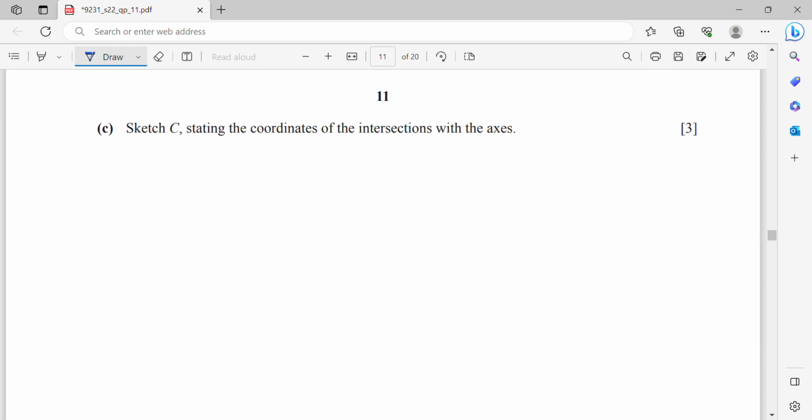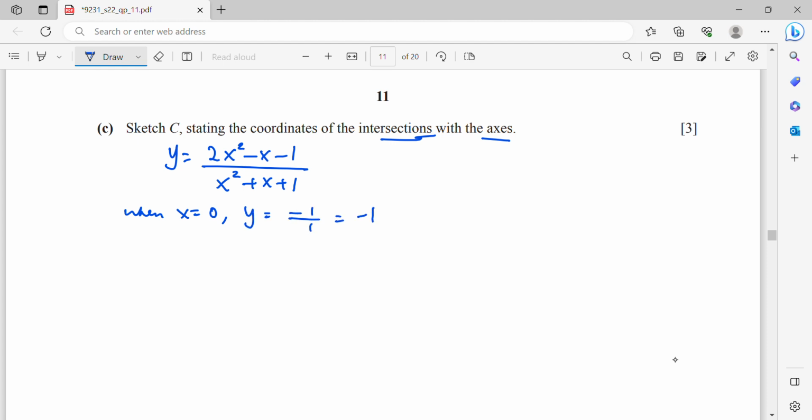Now, sketch C, stating the coordinates of the intersections with the axes. I will copy back the curve first: 2x squared minus x minus 1 over x squared plus x plus 1. For the intersections with the axes, when x is 0, y is minus 1 over 1, which is minus 1.